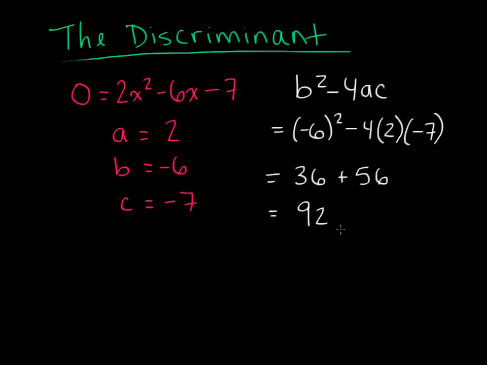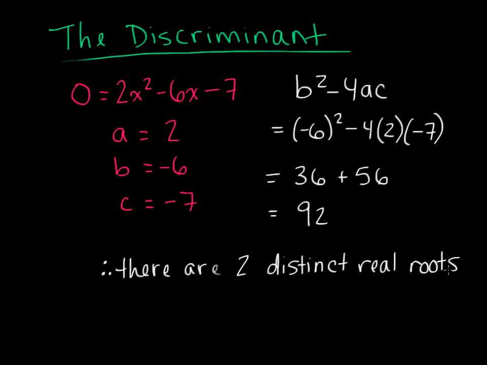And because this is a positive value for the discriminant, we know that there are 2 distinct real roots. Okay? So meaning 2 solutions, because we're going to get 2 different values of x that will work for this quadratic equation.